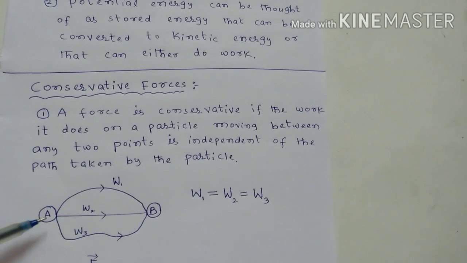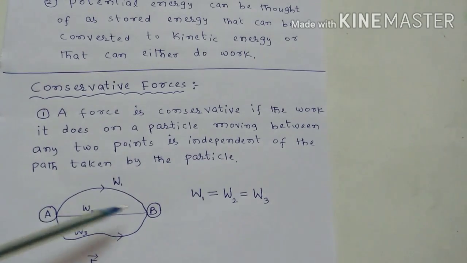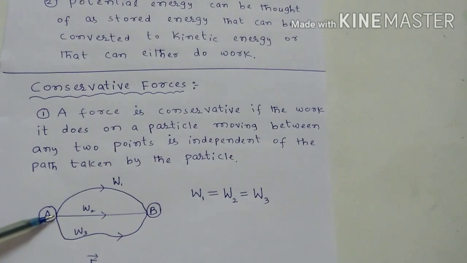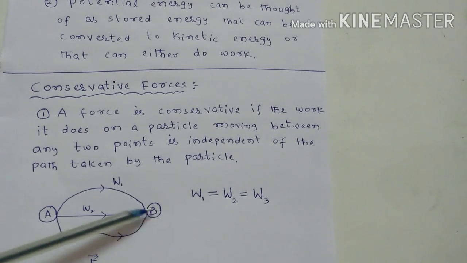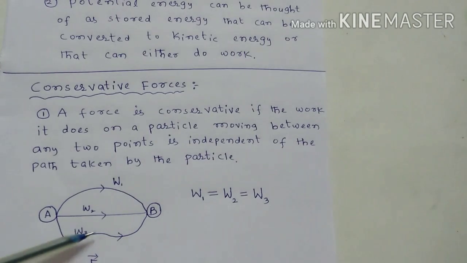You see here, between the 2 points, point A and point B, this particle is moved from here to here like this. This is path 1. Path 2, it has moved like this. Path 3. Total 3 paths.